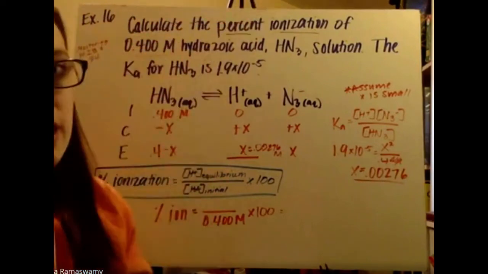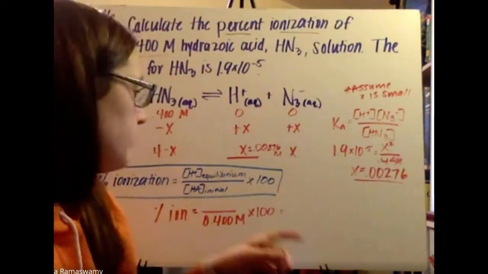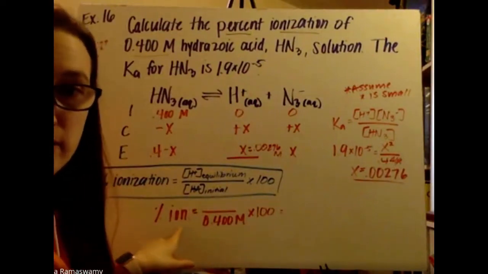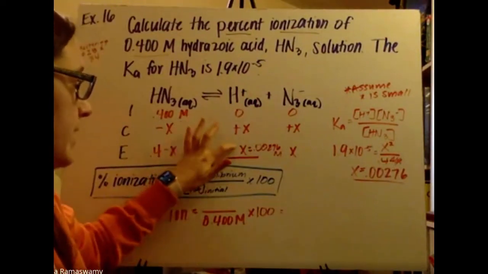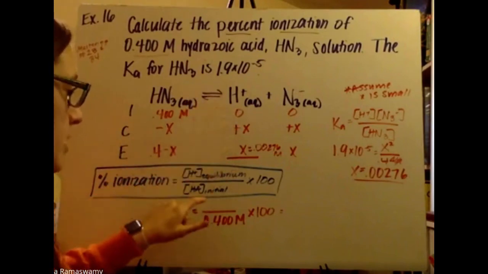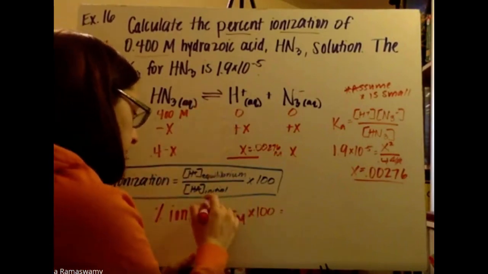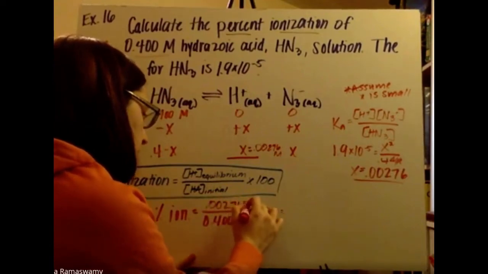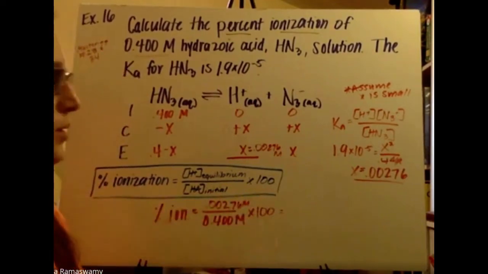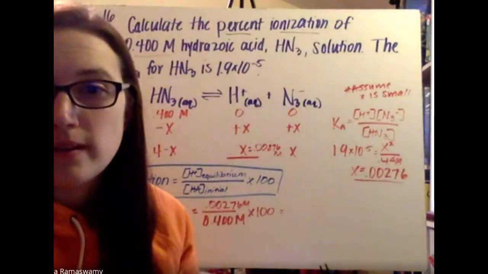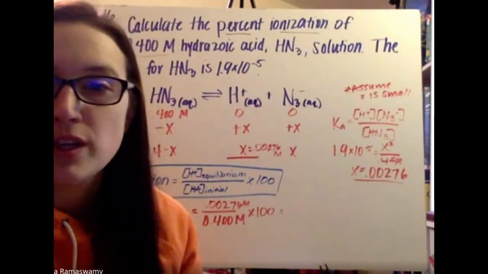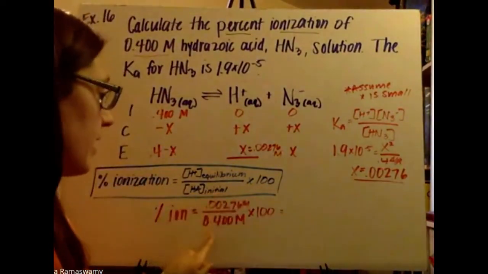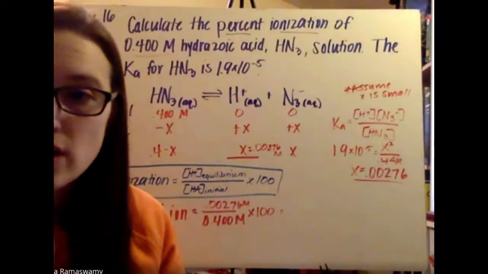Now I'm going to go back up. Percent ionization. My final answer is percent ionization. Well, see, I started the percent ionization equation down here. I needed X, I needed H plus so that I could find percent ionization. What percent ionization is showing us is how much H plus we have at equilibrium. So once this weak acid reaches equilibrium, how much H plus do we have compared to how much acid we started with?